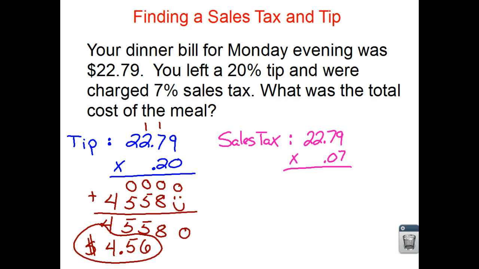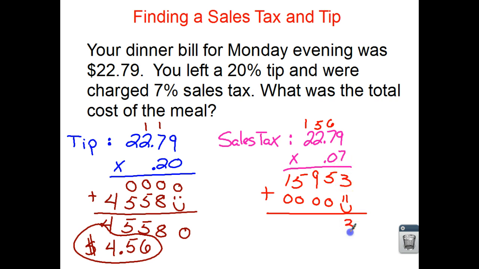And we're going to multiply. 9 times 7 is 63. 49 and 6 is 55. 14 and 5 is 19. 14 and 1 is 15. And then we just have a placeholder and a bunch of zeros, 1, 2, 3, 4 zeros, which is basically meaningless, but I want to put it in there for you. And here we go. We got 3, 5, 9, 5, 1.